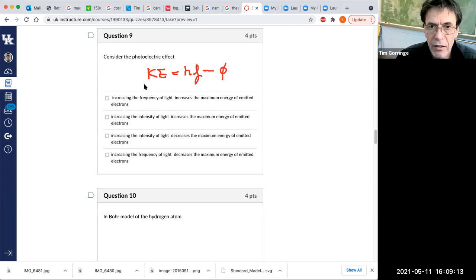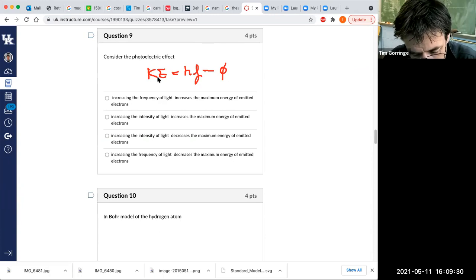So it might create more emitted electrons, but it doesn't change the energy of the electrons. Rather, increasing the frequency of the light, f, increases the kinetic energy of the electrons. And so the correct answer here is that increasing the frequency increases the energy of the electrons.